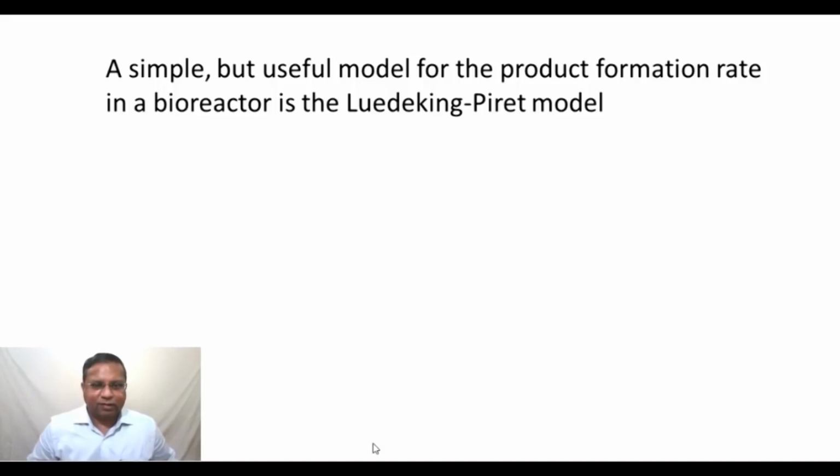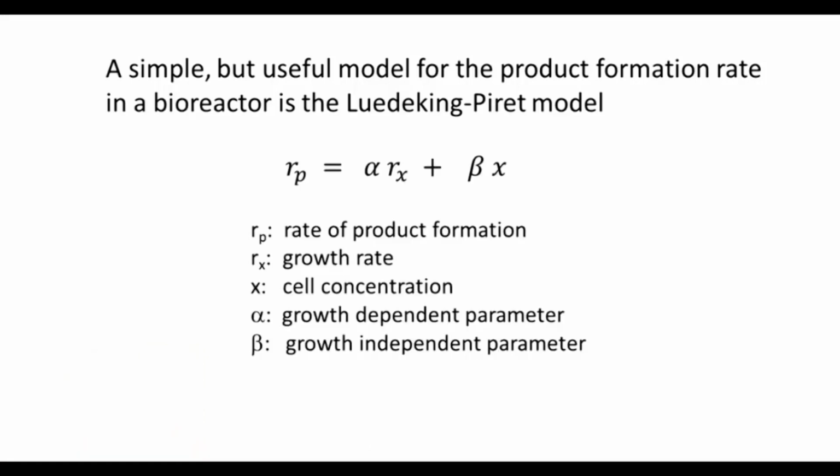Note that again, these are all models for rates. The Luedeking-Piret model goes as something like this: Rp equals alpha times Rx plus beta times x. The product formation rate equals a growth dependent parameter times the rate of cell growth plus a growth independent parameter times the cell concentration.